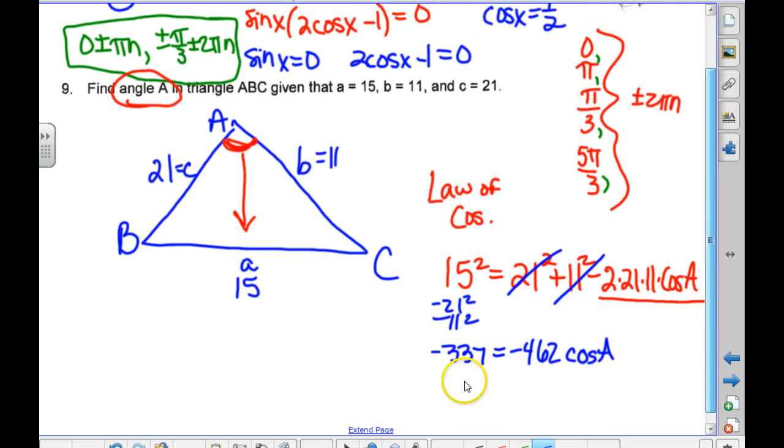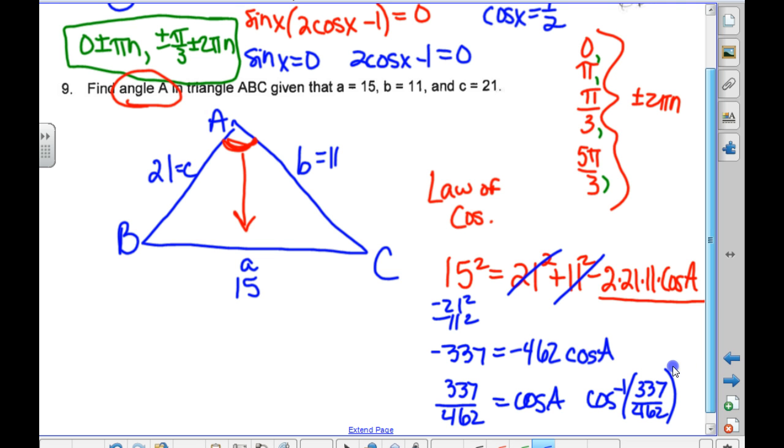All right, then I need to divide. I'm going to end up with 337 over 462, and that's the cosine of some angle. So I'm going to type second cosine of, and you can have a decimal or the fraction, doesn't matter. I just got rid of the negatives because a negative divided by negative is positive.